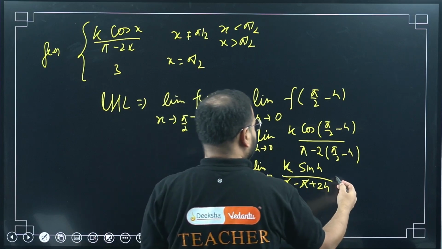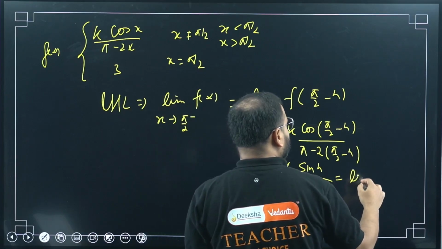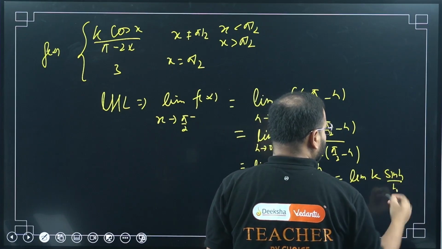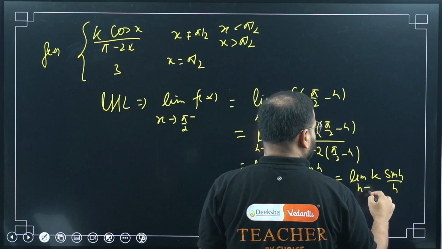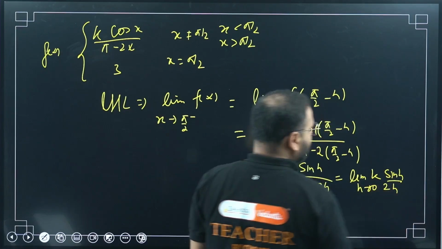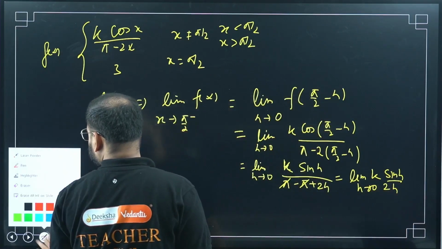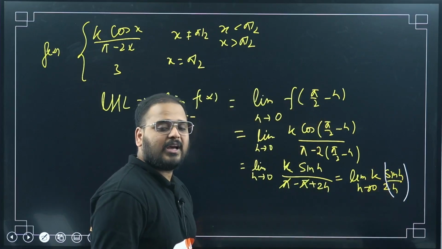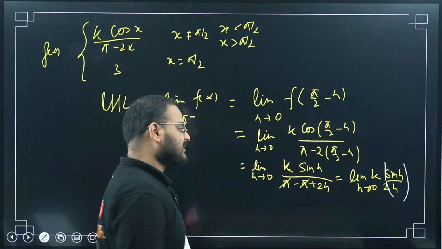What is this function now? It's going to be limit k times sin h upon 2h when h tends to 0. Now please look at this bracket. What is the limit value of sin h upon h when h tends to 0? Simply 1, sir.